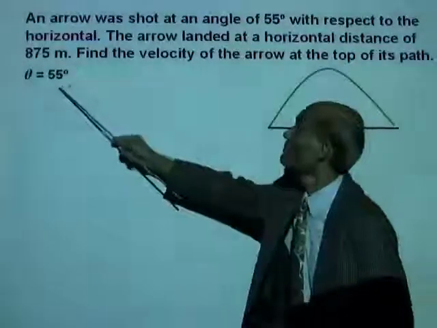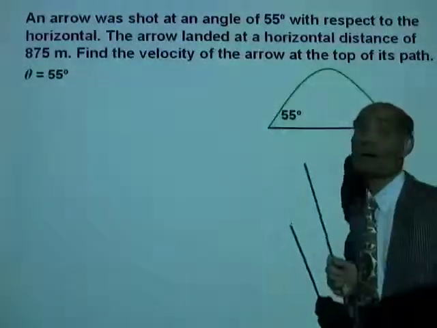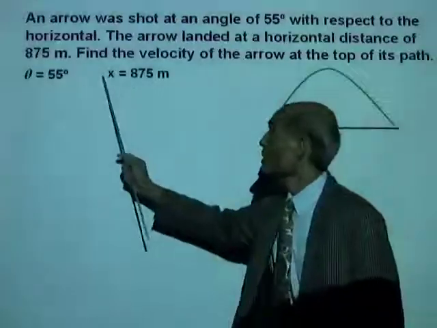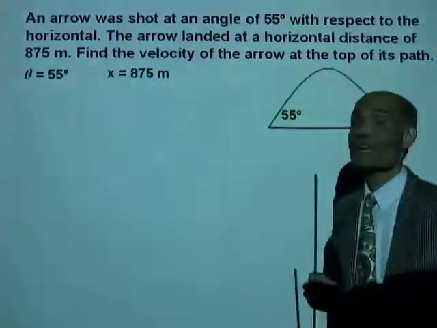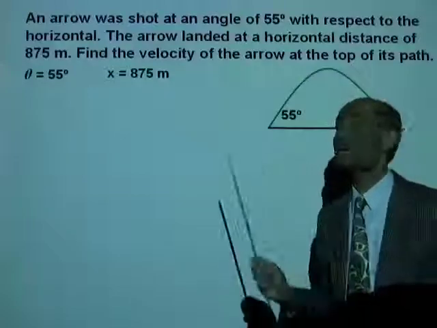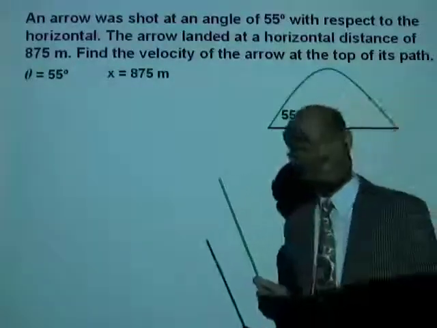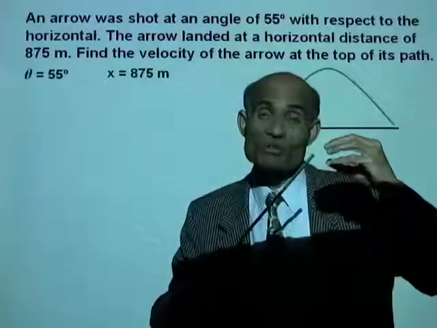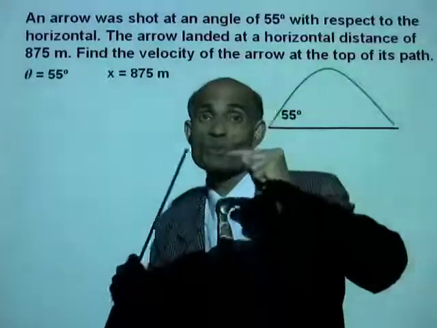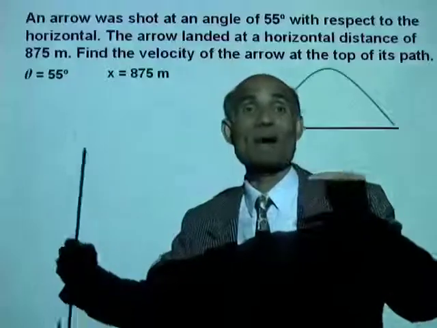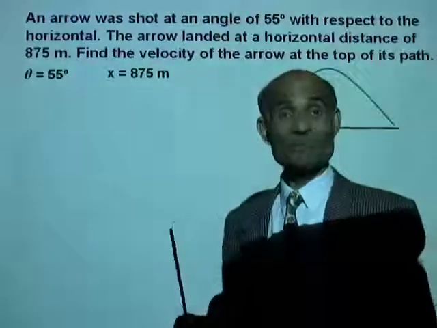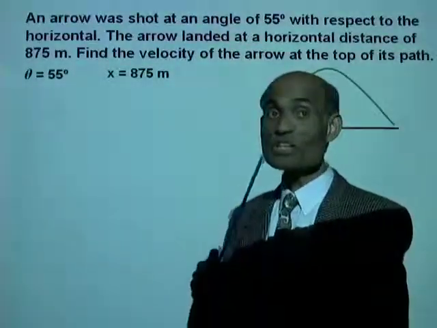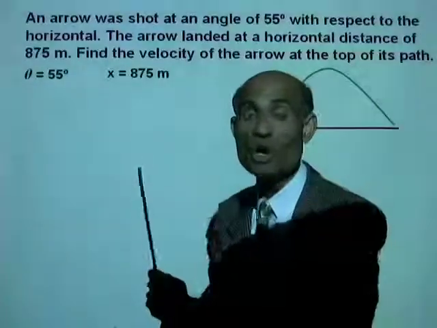The angle of projection is 55 degrees. The horizontal range is 875 meter. Well, what is the equation for the horizontal range? The horizontal range is the horizontal velocity multiplied by the time of flight, and the horizontal velocity is V0 cos theta.